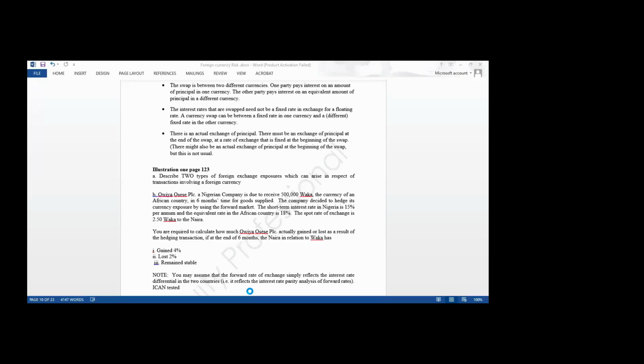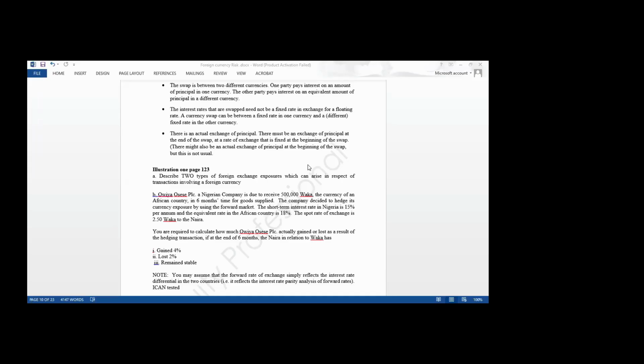We define this exchange rate as the number of units of one country currency that can buy 1 unit of another country currency.